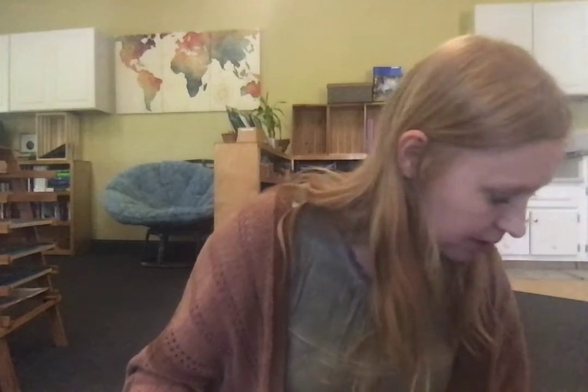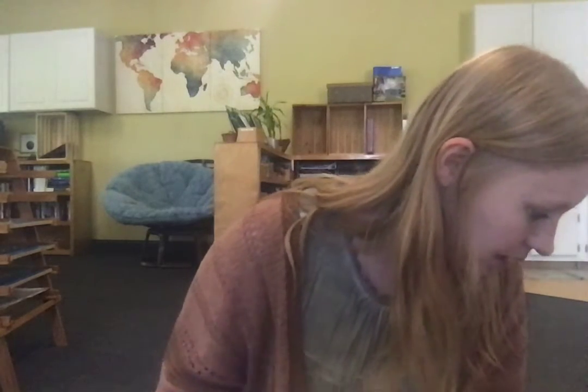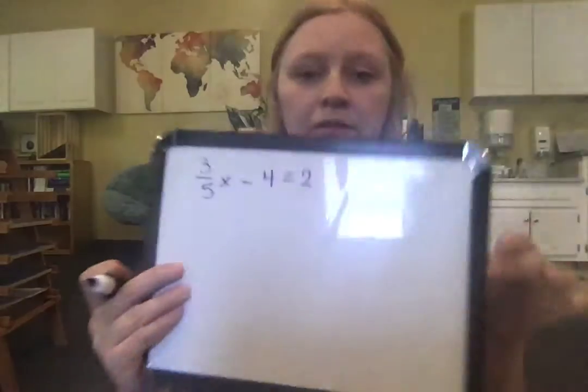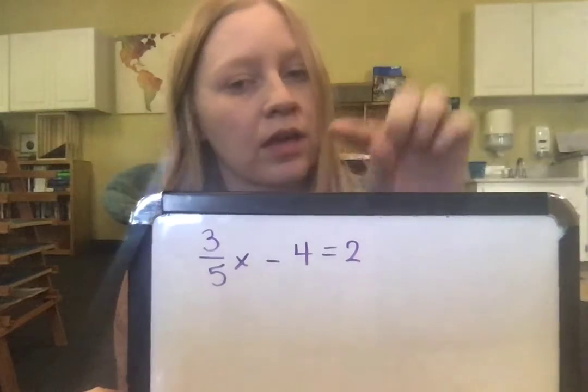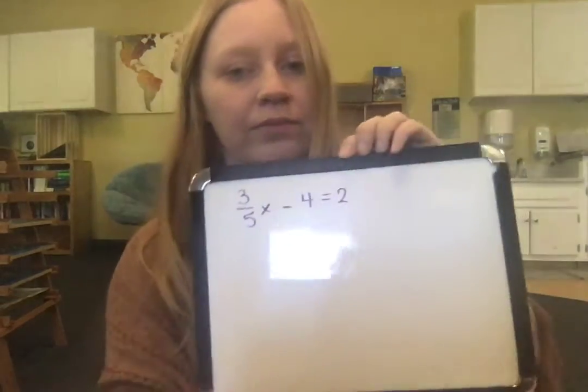Okay, let's try number 6 together. Okay, number 6 is 3/5 x minus 4 equals 2. Okay, so x minus 4.